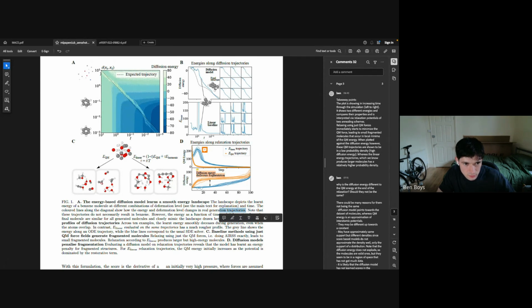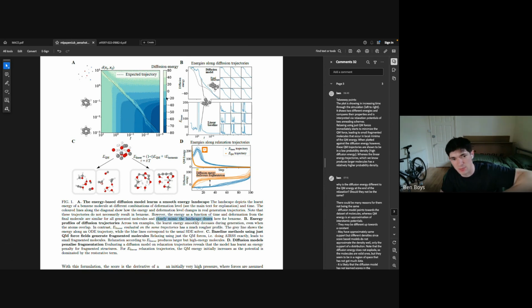The energy as a function of time and deformation from the final molecule is similar for all generated molecules and closely mimics the landscape drawn here for benzene.